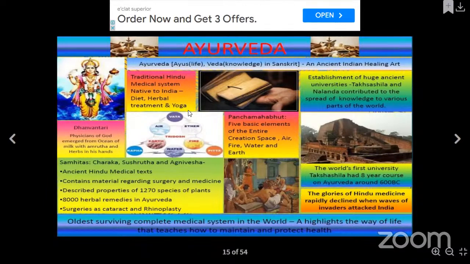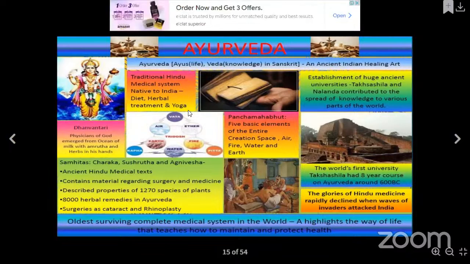If you go to any local plant-medicine doctor, he will tell you: don't eat non-veg, don't eat brinjal, don't eat potato. That is diet.